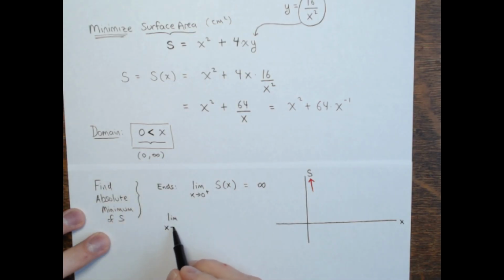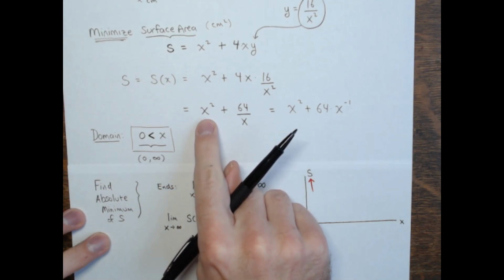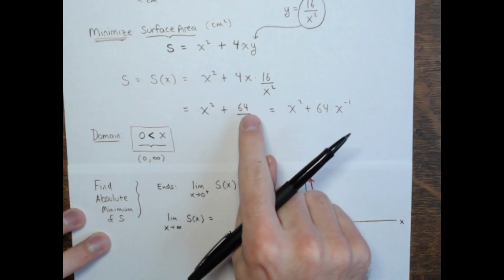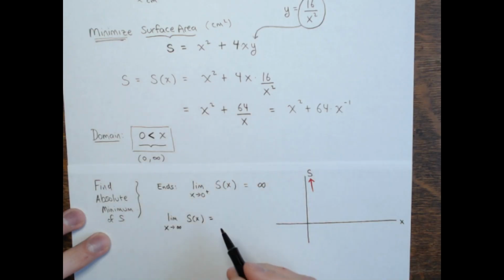So I'm taking the limit as x approaches infinity of my surface area function. Again, this first term would be getting gigantic, this x squared term would be blowing up, and then 64 over something big would be really tiny. So the first term's going to infinity and the second term's going to 0. So this is infinity plus 0, or infinity. Very large again.